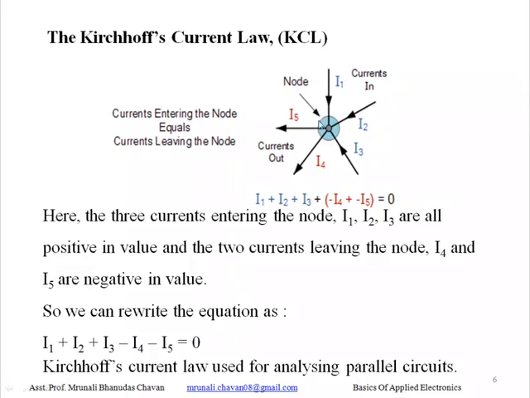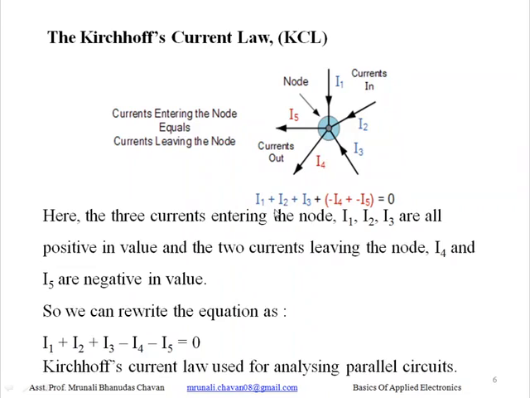If we apply the statement here, the total current entering the node is equal to the current leaving the node. Mathematically, the currents entering are I1, I2, I3, three currents entering the node. They are all positive in value, and two currents leaving the node, I4 and I5, are negative in value.